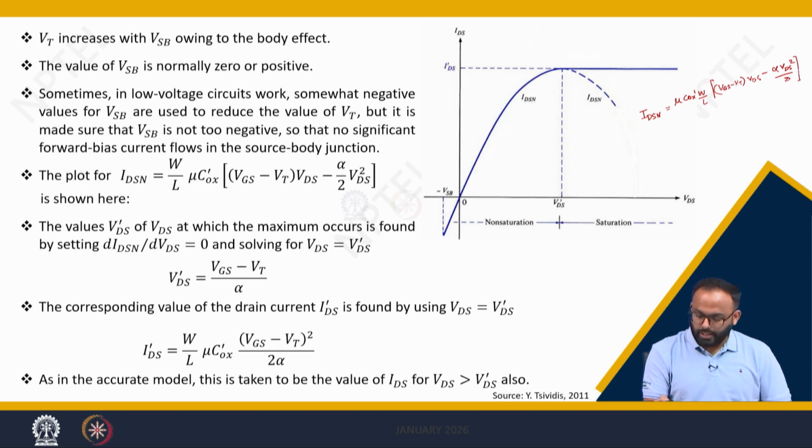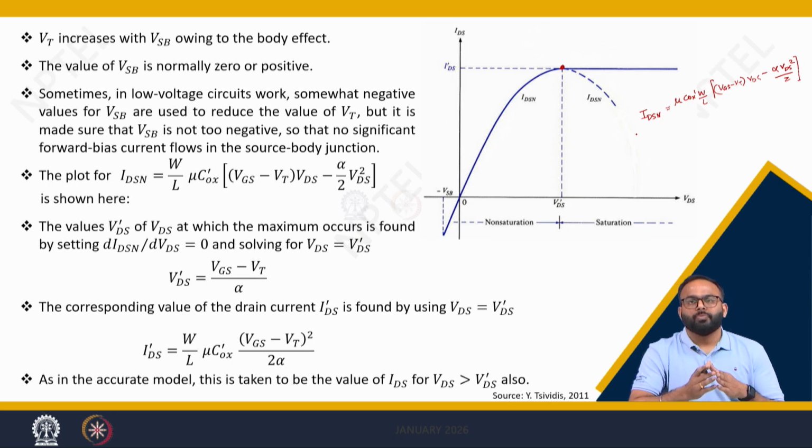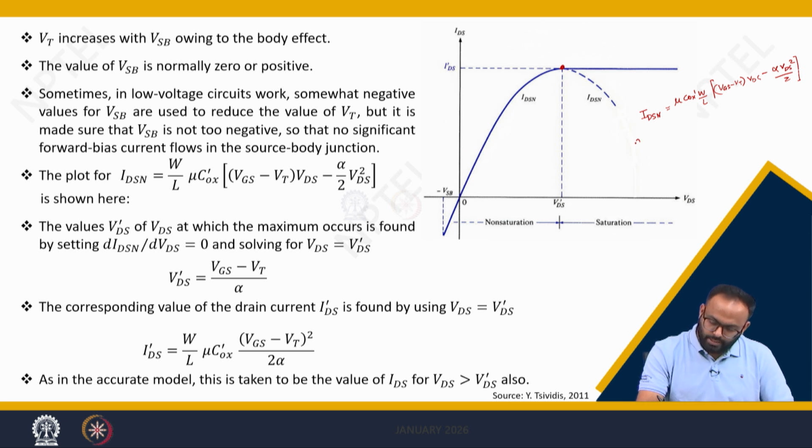VGS minus VT into VDS minus alpha VDS square by 2. How can I calculate the peak value or the saturation value? We have already discussed that we can calculate the saturation value by considering the slope of this curve to be 0. So I can simply differentiate IDSN with respect to VDS, considering source as a reference.